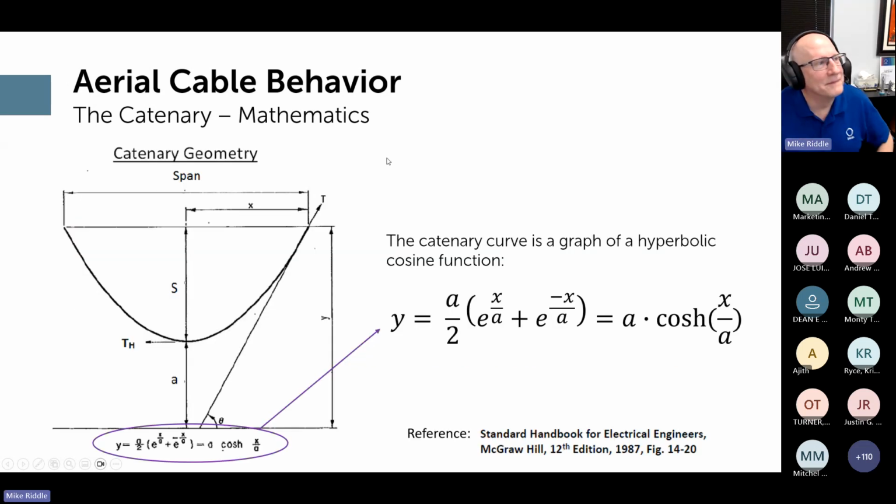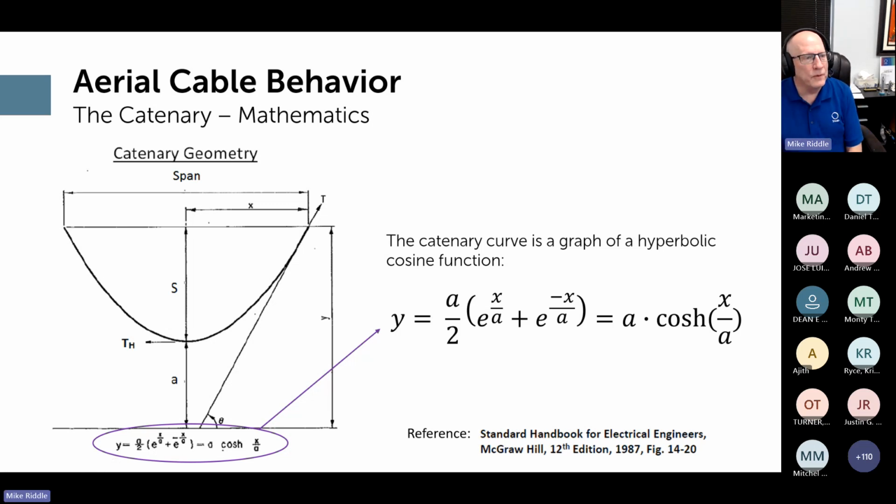Really, it's true. So here's the math behind a catenary. A catenary curve is a graph of a hyperbolic cosine function. And this is taken from the electrical engineer's handbook from long ago. Here's the formula.